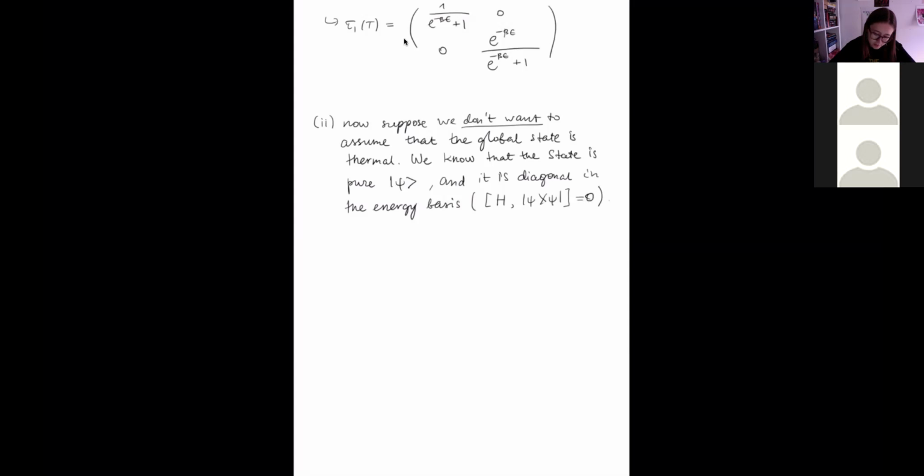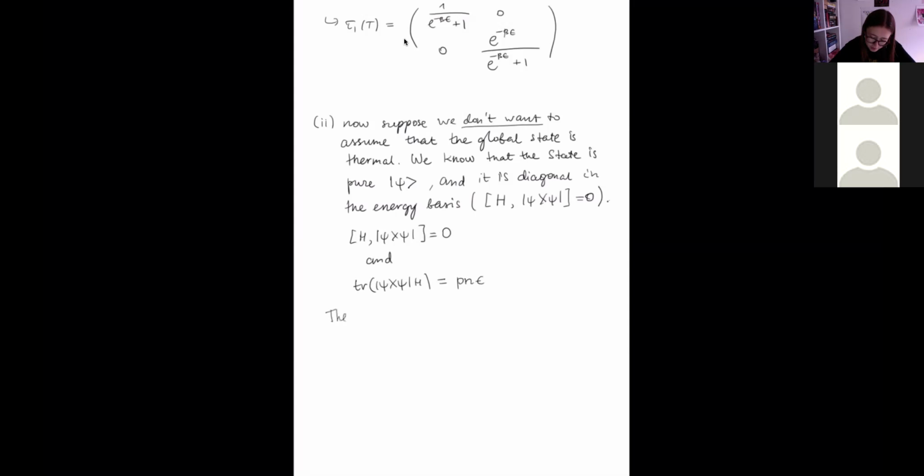Okay. So we have a state psi on which we have two conditions: that it is diagonal in energy basis, and the energy of the state, which is just the trace of psi H, which is the global energy, is this P and epsilon.